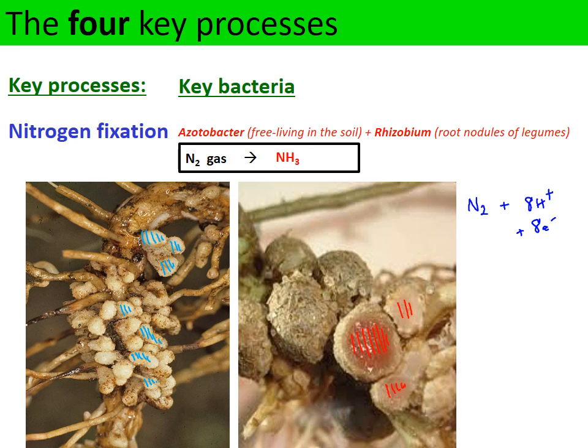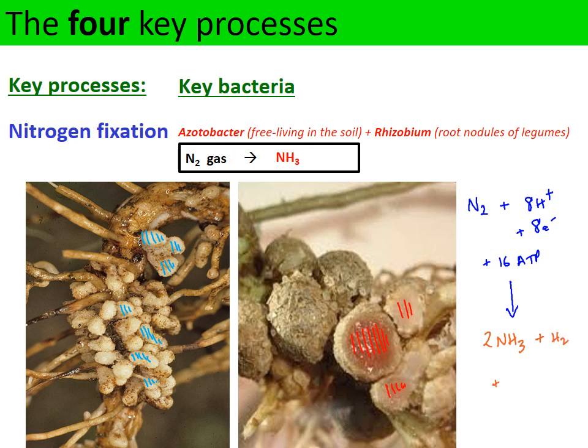It's a reduction reaction. That does require some ATP, so we're going to put ATP in there. So it's an energy-demanding enzyme reaction, and what's produced at the end of this is ammonia. So we're going to put ammonia here. You don't need to know this reaction, it's just to help understand what's happening.